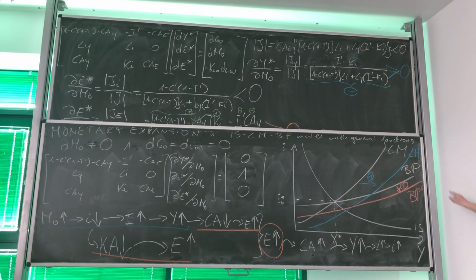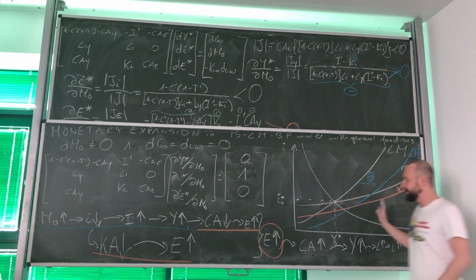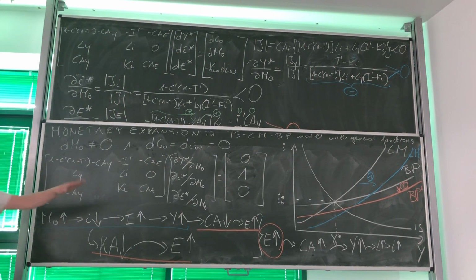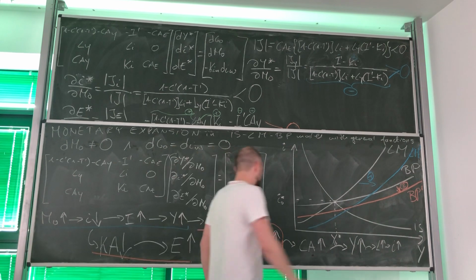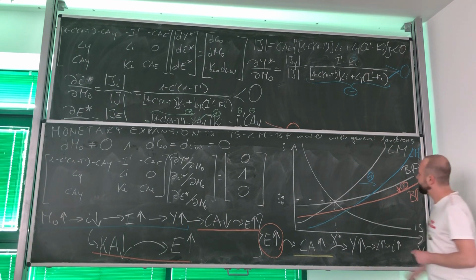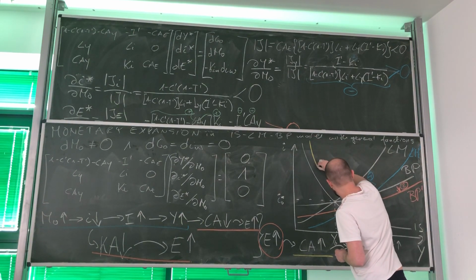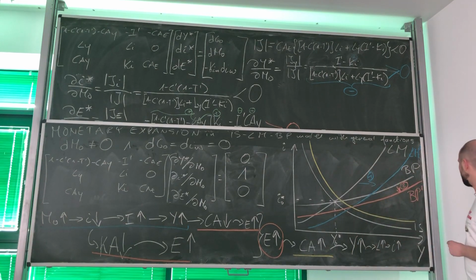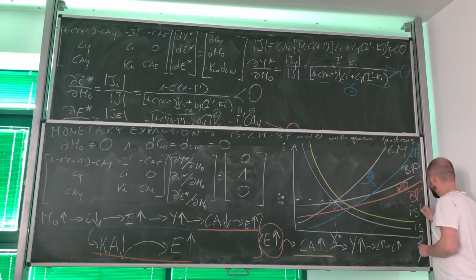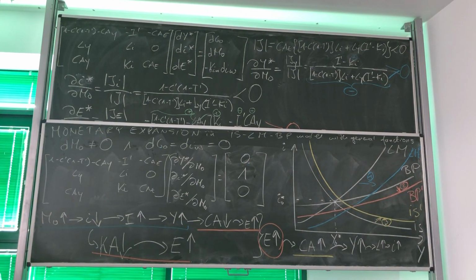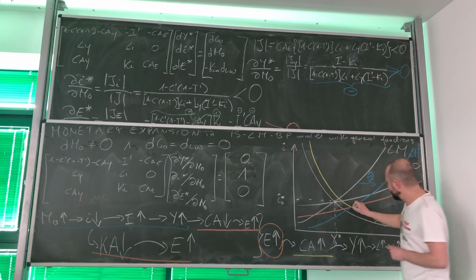And look, when the BP curve is moving down as a result of currency depreciation, the current account is improving. But the current account improvement, we see as the move of IS upwards. Right? And finally, we've got a new equilibrium.